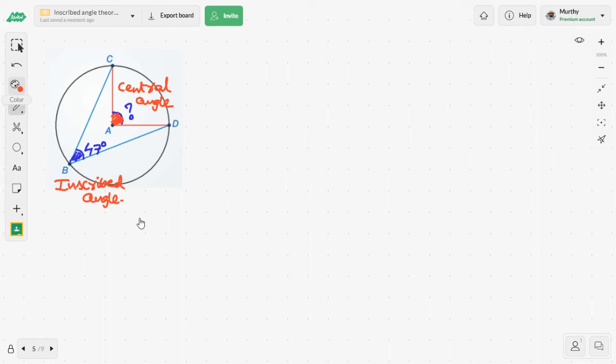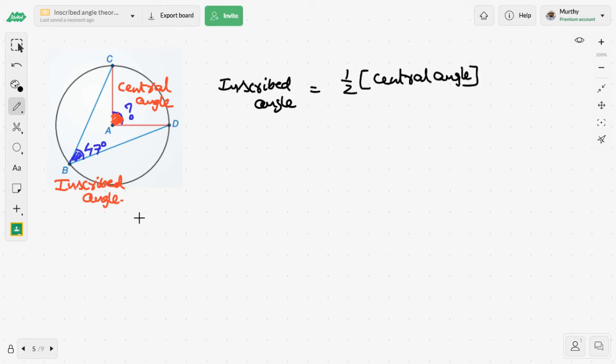So let me write quickly. The rule is: inscribed angle equals half of the central angle.